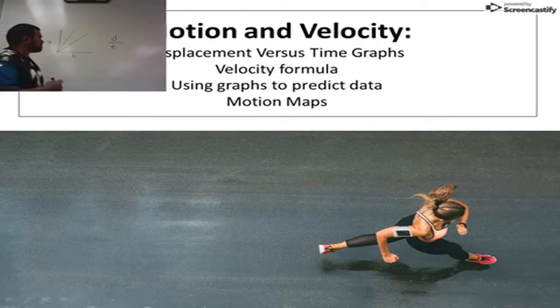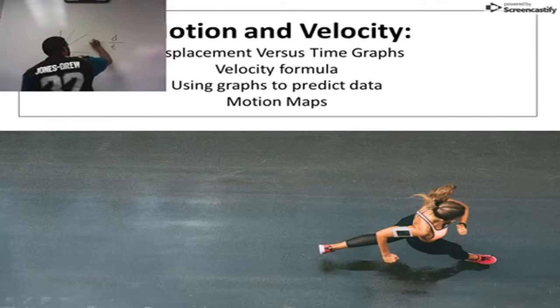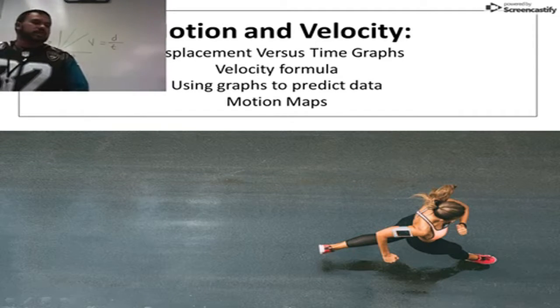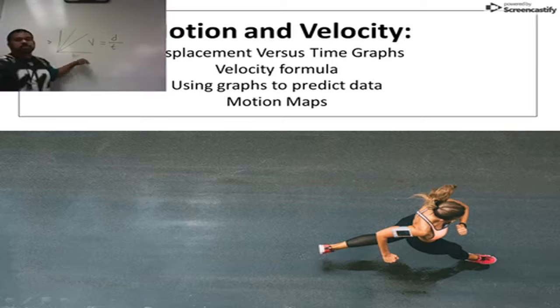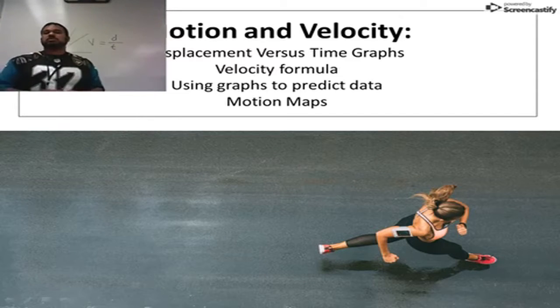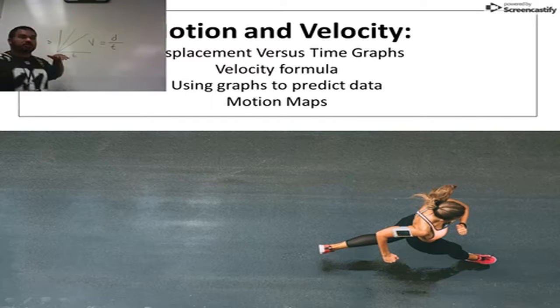It's not always going to be the same thing. And again, our conversation led us to velocity. So now we can actually use our graphs to come up with distance, time, and velocity using 2 points, or 1 point and being given a velocity, because this is just a slope of our line.